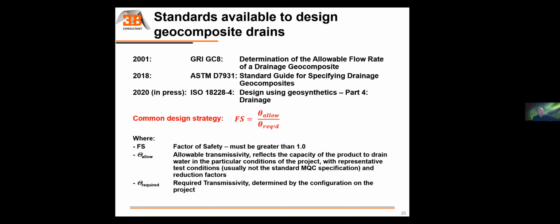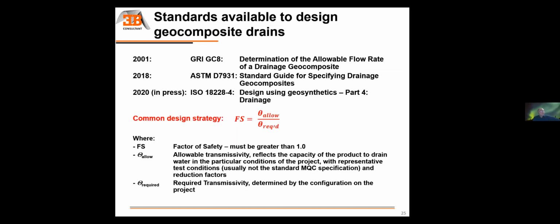This was followed by an ASTM standard, which takes a lot of this GRI specification, but turned it into a little bit more comprehensive document, ASTM D7131. And in 2020, another document was published by the ISO, 18228-4, Design Using Geosynthetics, Part 4, Drainage.